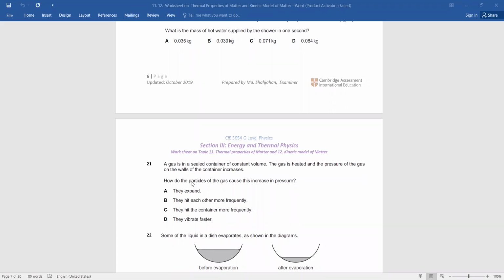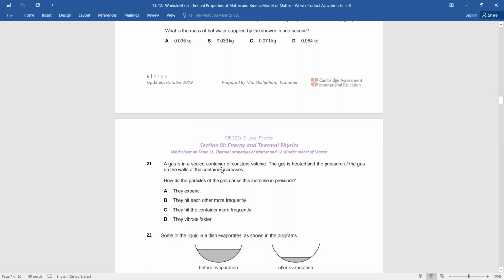Particles cannot expand. Particles means here molecules, they cannot expand. Only gas can expand. So they heat the container more frequently, right? You are choosing this one. Why? C will be the correct answer, sir. 100%.